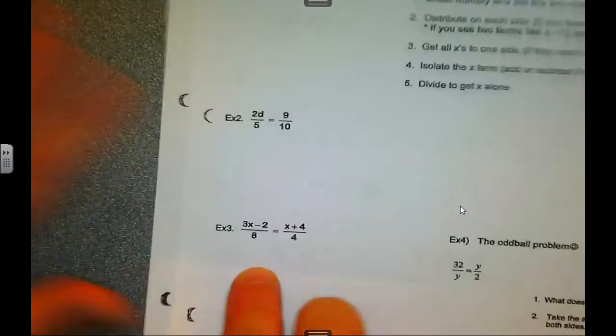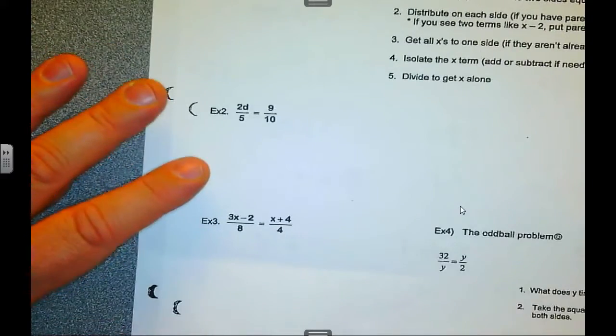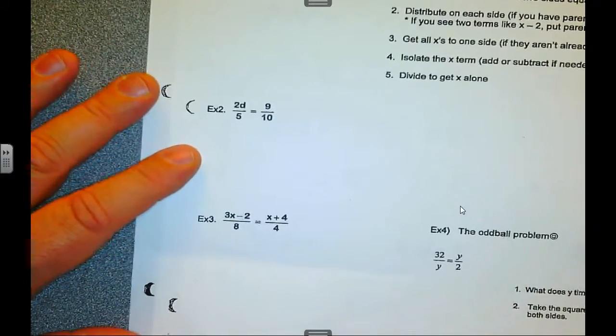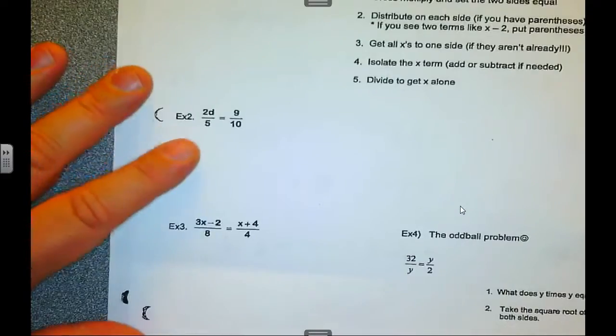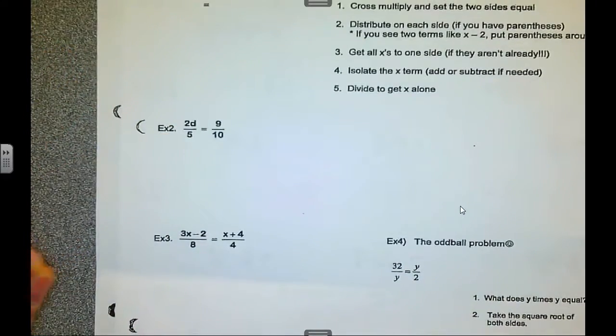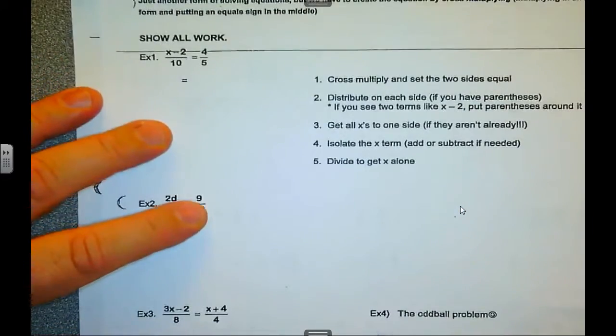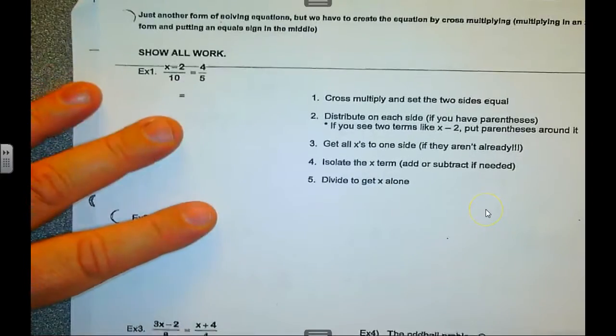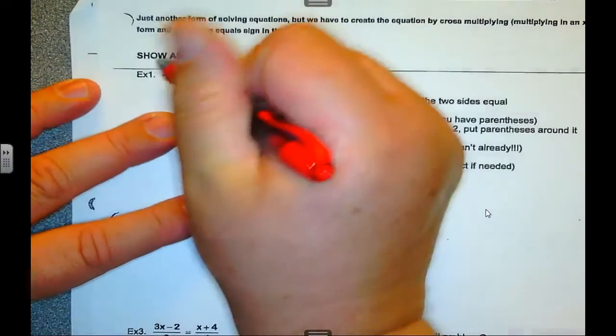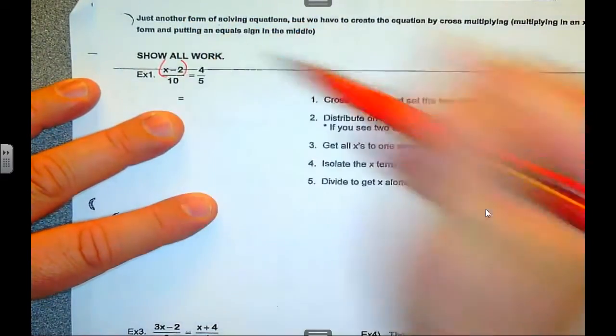All right, page 3. They're going to get a little bit harder, just a little bit, because in example 1, I'm not just taking it and multiplying it by a variable. I'm multiplying it by a quantity.